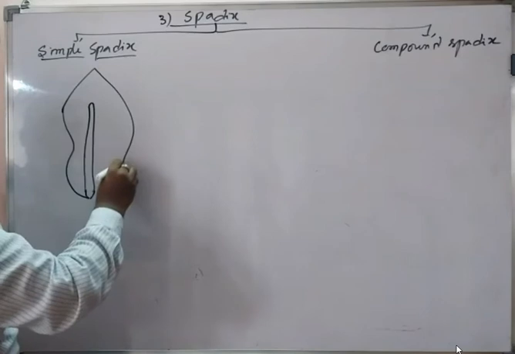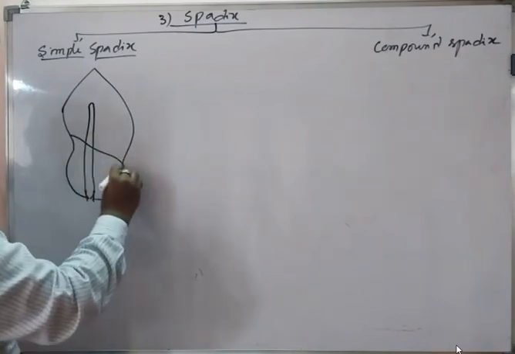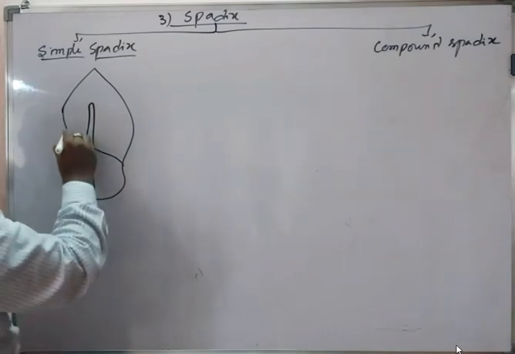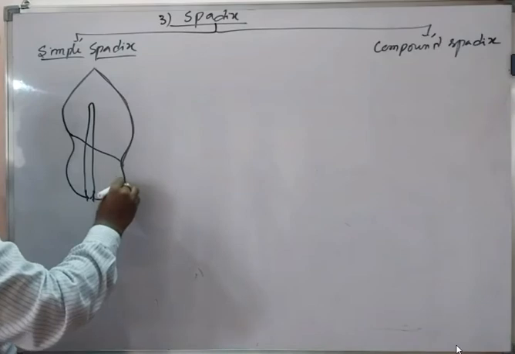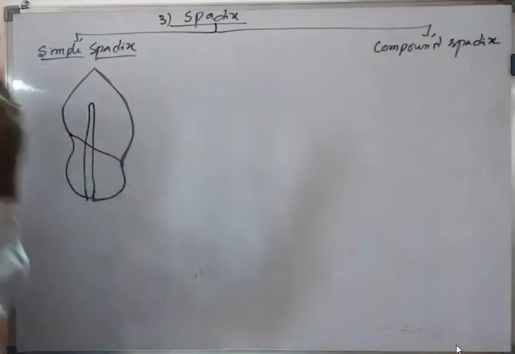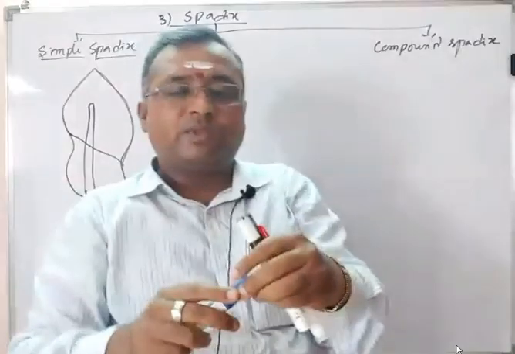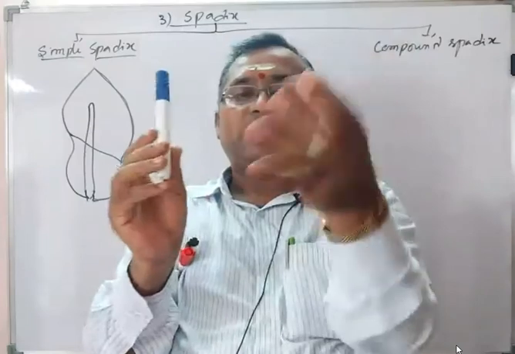One of the bracts present at the base of the peduncle forms a sheath around the peduncle. You think that this is the peduncle, and this is the bract.